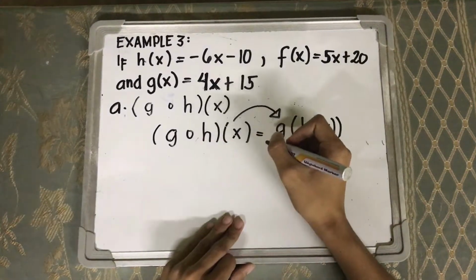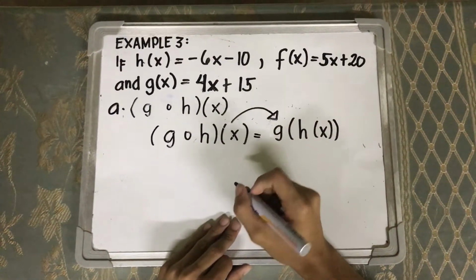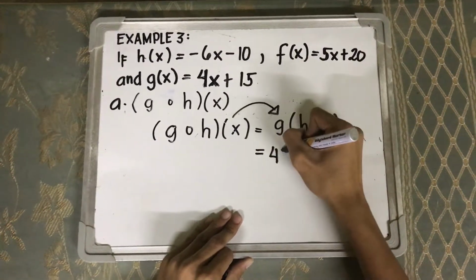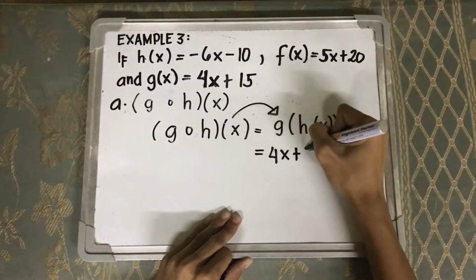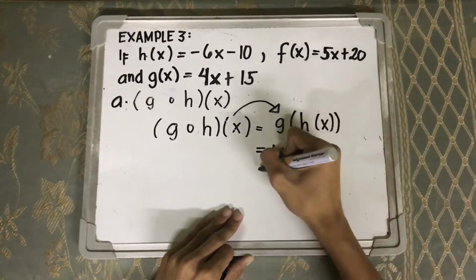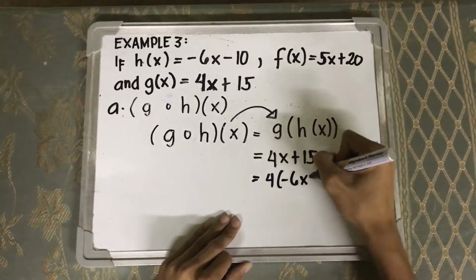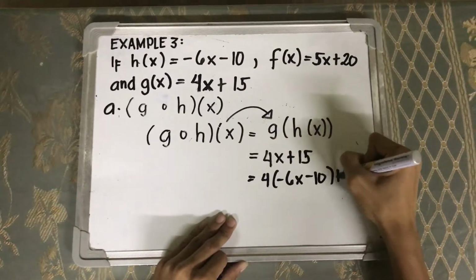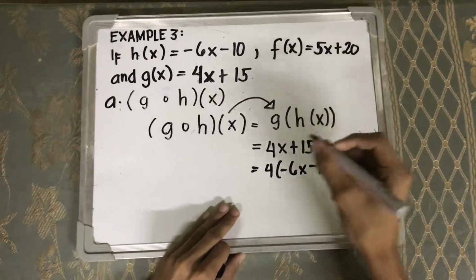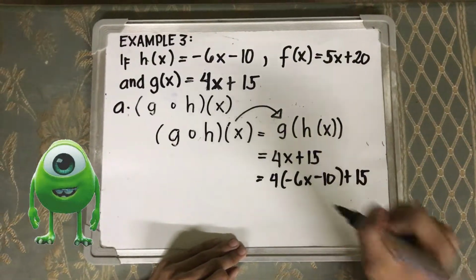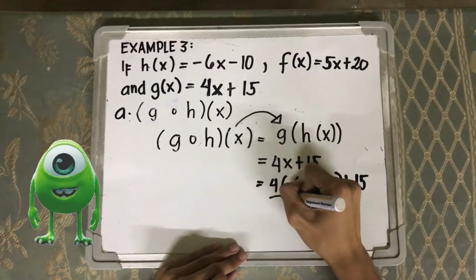Next, we will substitute the value of x in g(x) by the value of h(x), which is negative 6x minus 10. We will now arrive at 4 times the quantity of negative 6x minus 10, plus 15.